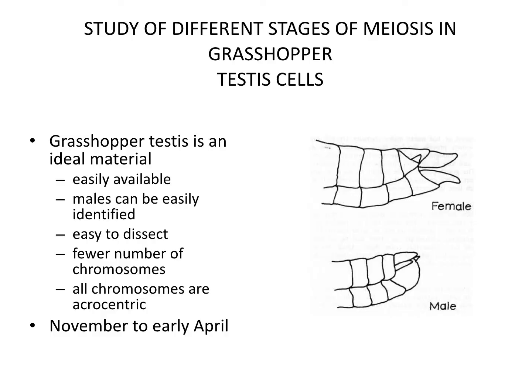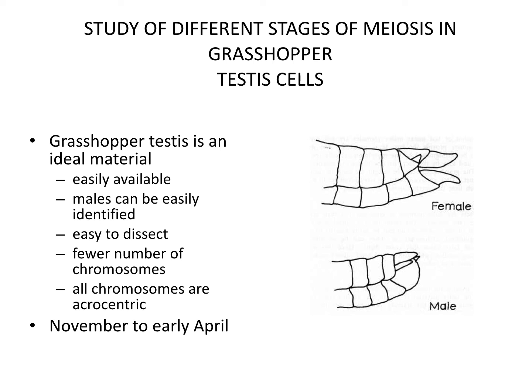Okay, so next is the study of the different stages of meiosis in grasshoppers, and we will take care of that in the next class. I have already shared with you the YouTube channel.